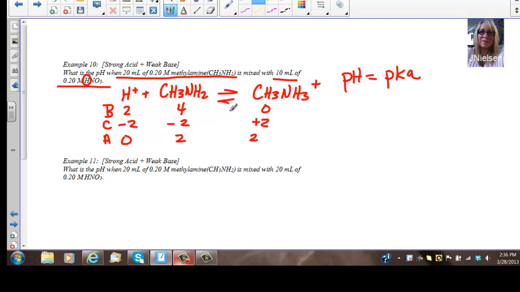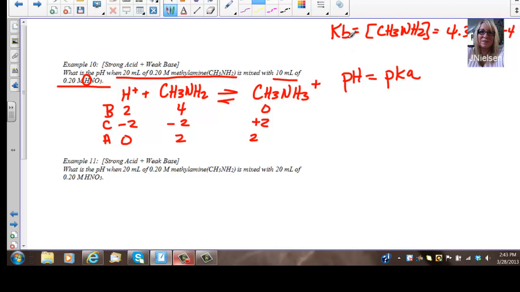So we need to know the Kb of the CH3NH2. So Kb of CH3NH2 is equal to 4.38 times 10 to the negative 4.